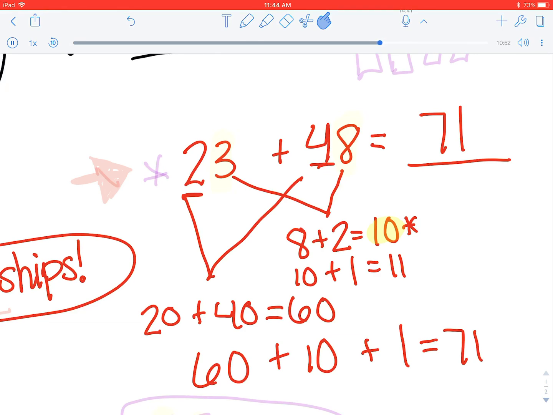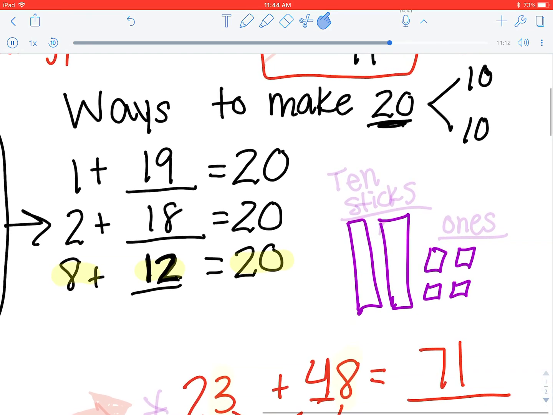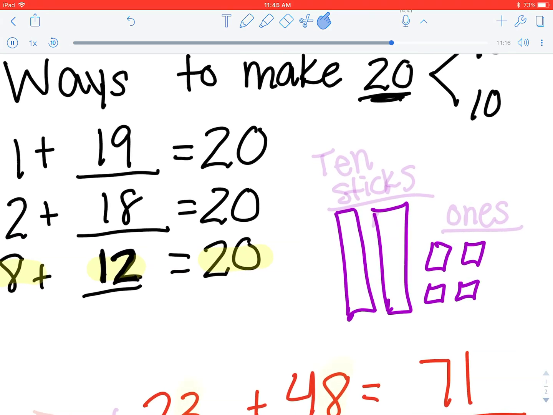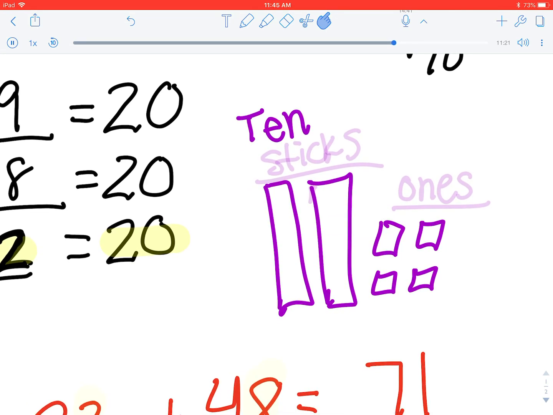And we are trying to get away from drawing pictures, but if that is where students are and that's what they need to do, that is fine. But we're trying to get them to transfer the idea of pictures. So you might have seen, in first grade, students drawing pictures of 10 sticks and ones. But again, as these numbers get larger, we really want them to apply this imagery idea to the actual number concept.